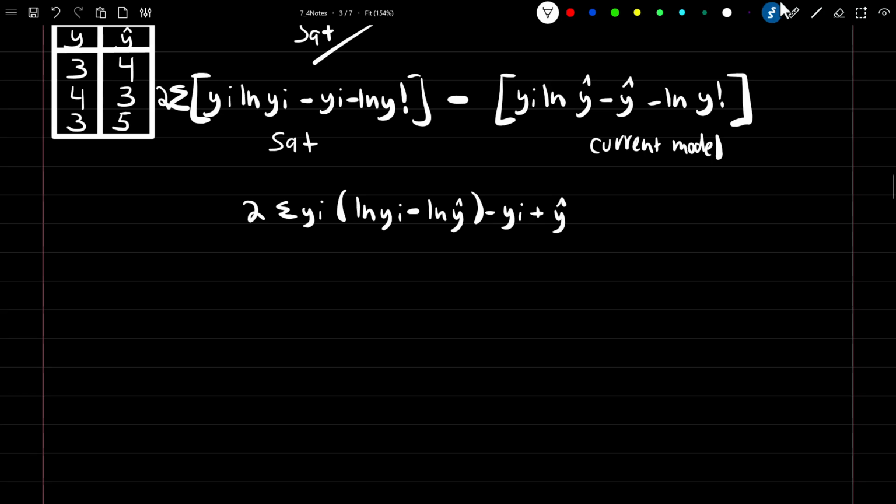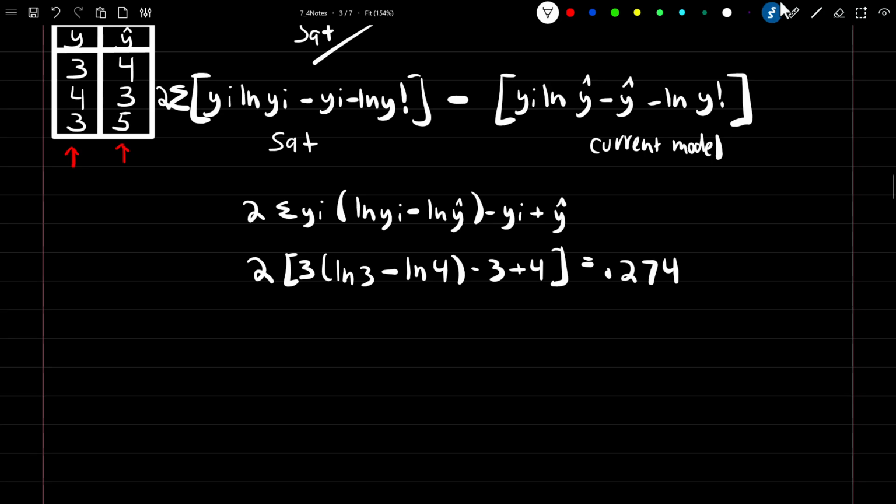Now let's do an example, where on the left we have our observed value and we have our predicted value. If we plug it into our deviance formula, for our first observation we would get 2 times 3 times the log of 3 minus the log of 4, minus 3 plus 4, and this will give us a value of 0.274.